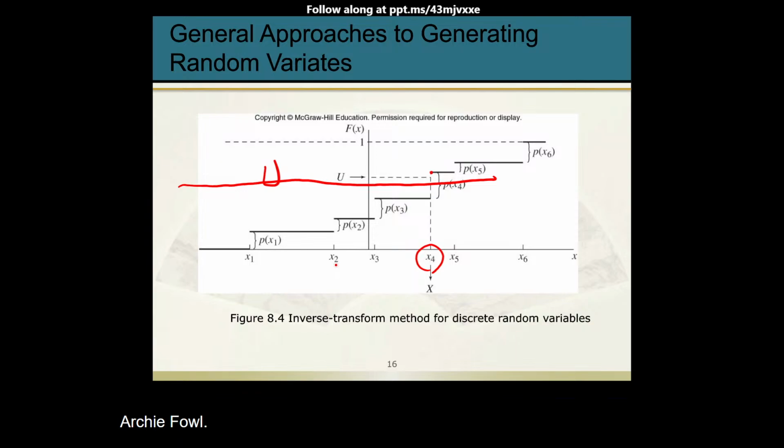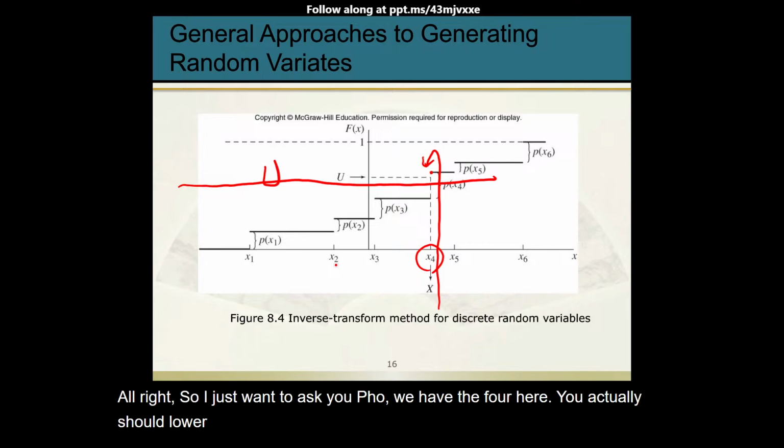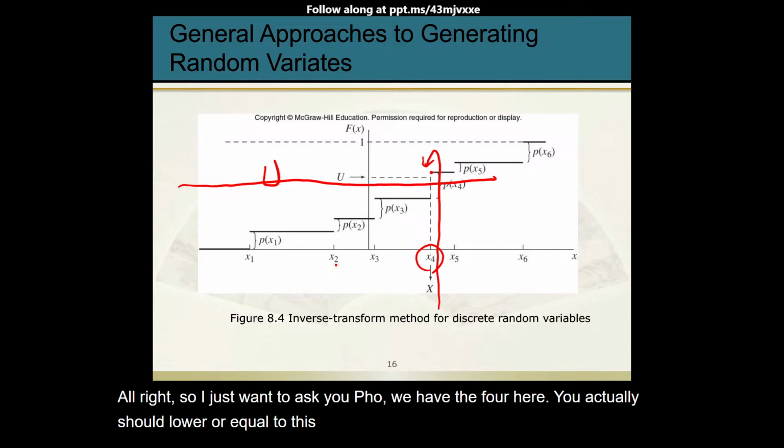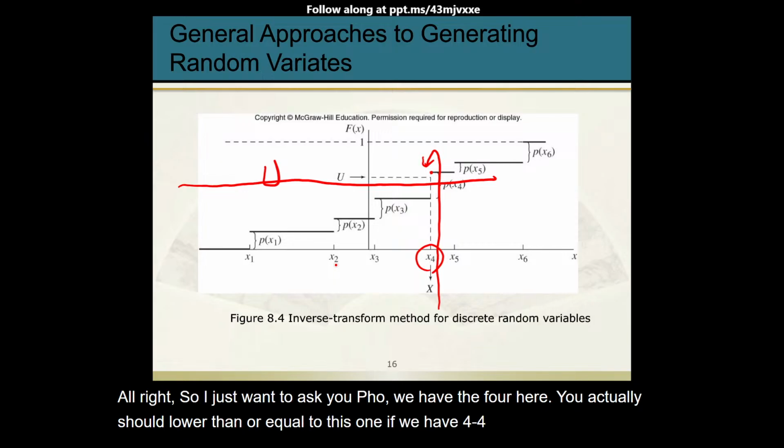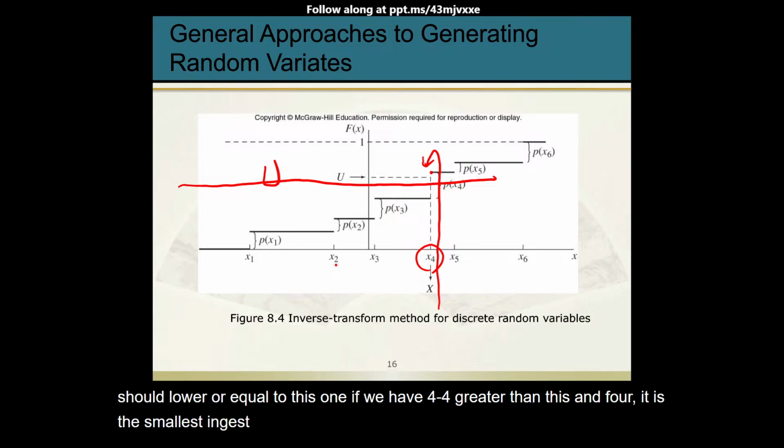Here we have a 4. So it just asks you for 4. You should be lower than or equal to this one. If we have a 4 greater than this, and 4 is the smallest index satisfying this, it just asks you to return 4.